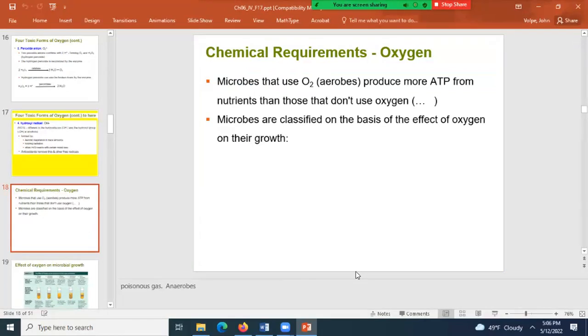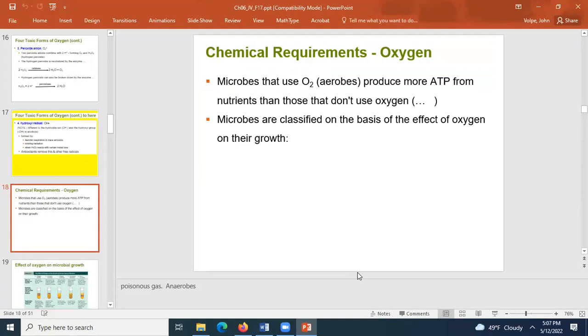So oxygen is a requirement for growth, but some organisms require that there be no oxygen. Some organisms require that oxygen be absent or they will not grow. In fact, they will usually die if oxygen is present.